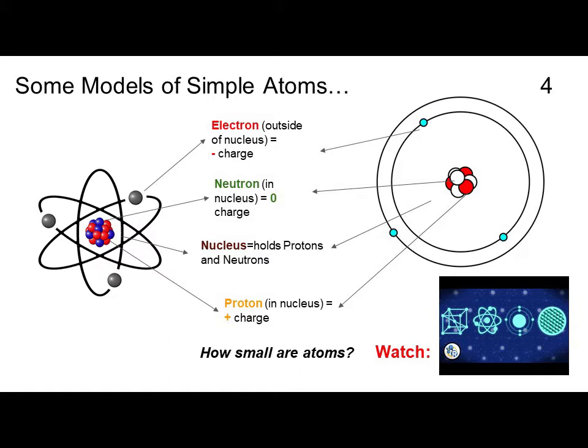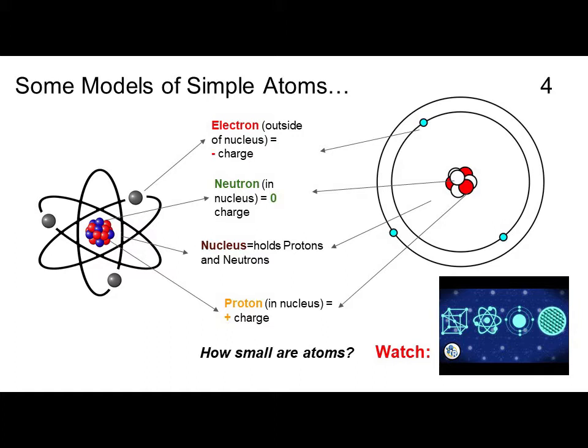That is the nucleus, and in there you have a neutron, which has zero charge, has no charge at all. And the nucleus also holds protons. And so the nucleus is made of protons, which have a positive charge, and neutrons, which have no charge. And the outside is electrons, which have a negative charge.